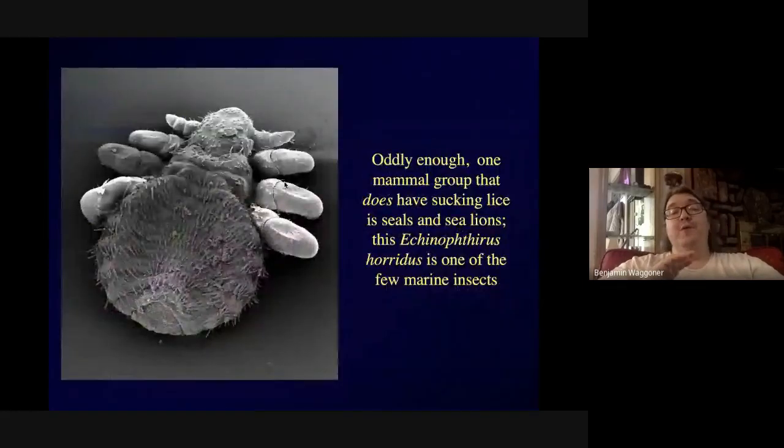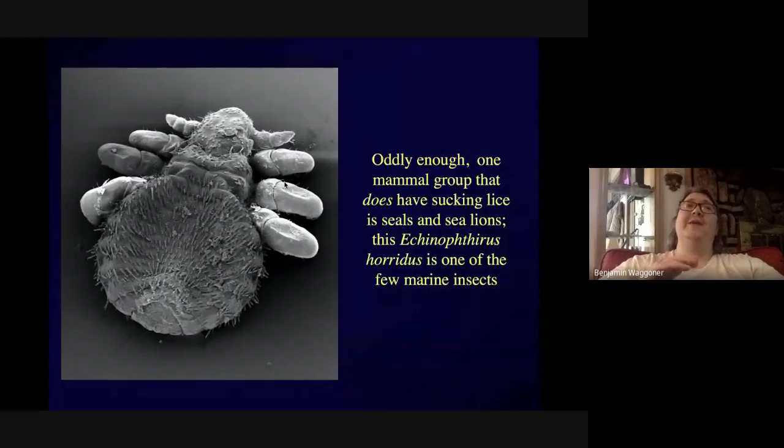Oddly enough, one mammal group that does have sucking lice is seals. And I just said that whales and manatees don't get sucking lice because they swim in the ocean. But seals actually can get them. In some cases, since they're living on the skin among the hairs, fur is insulating because it traps air.